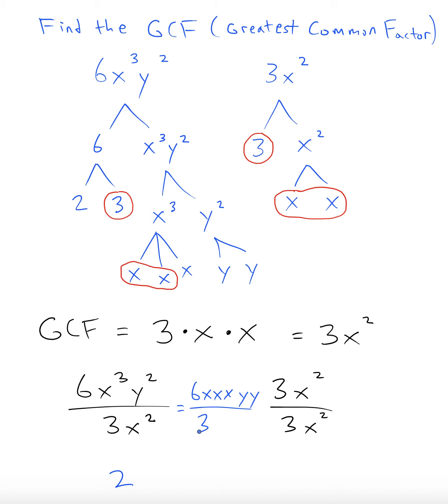And we have 2 x's down below. And we want to cancel 2 of those x's with the 2 below, leaving behind an x and a y and a y, which is xy squared.